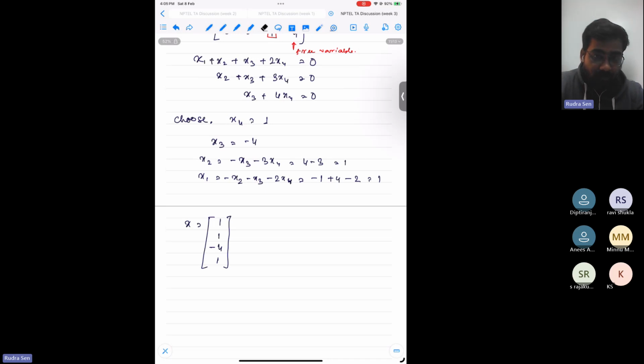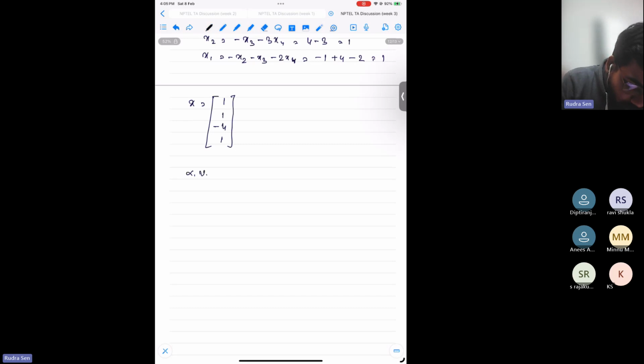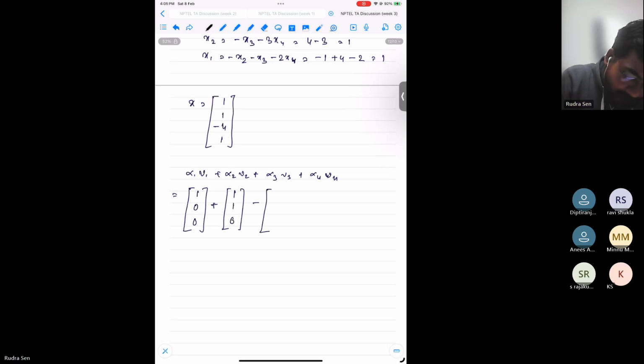That means there exist, if we talk about alpha 1 v1 plus alpha 2 v2 plus alpha 3 v3 plus alpha 4 v4, now if we choose alpha 1 as 1, then 1 multiplied with 1 0 0, plus 1 1 0, plus -4 multiplied with v3, which is 1 1 1, giving -4 -4 -4, plus 2 3 4.